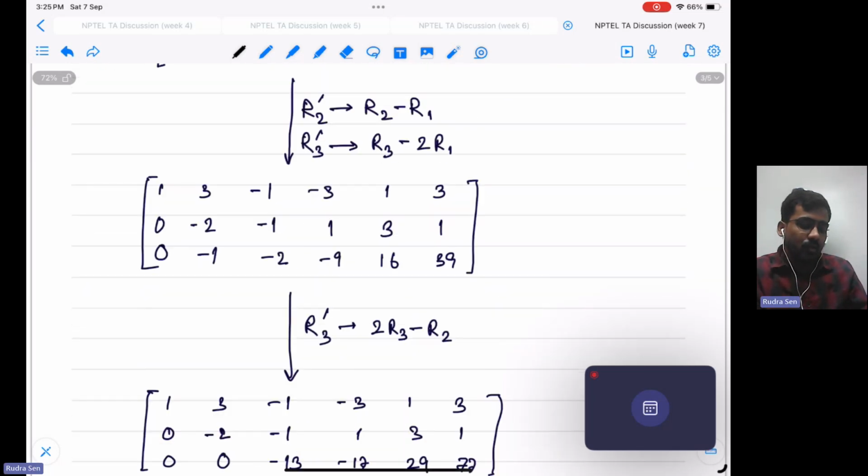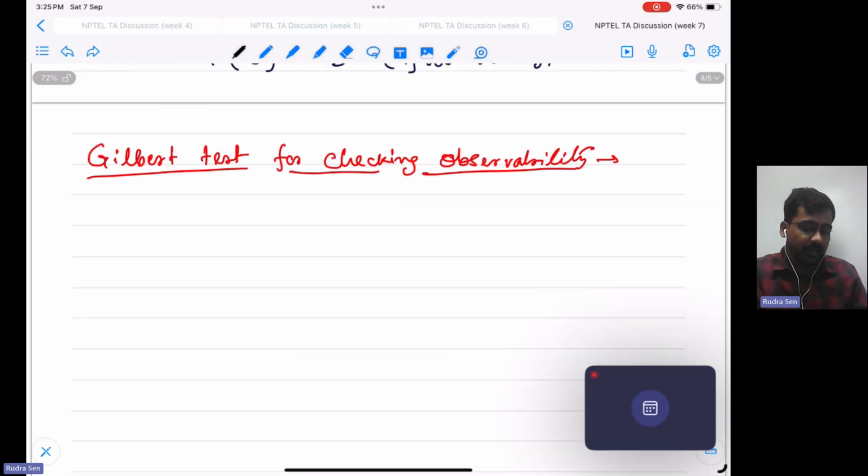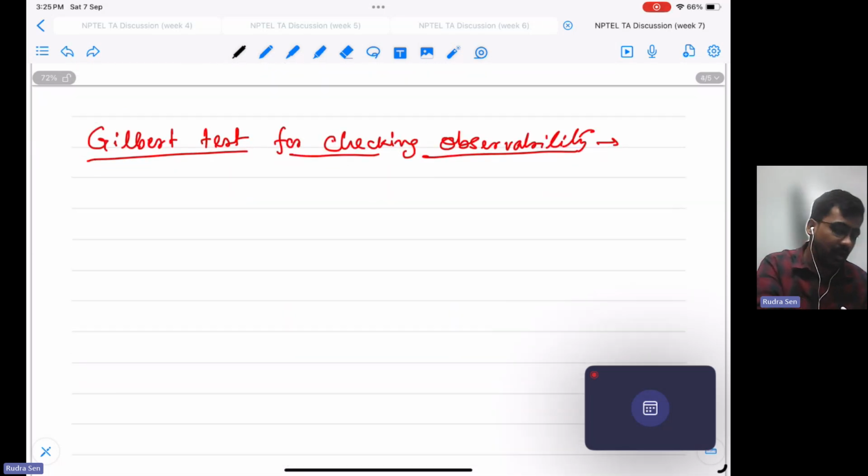So this is one test to check the observability of the system. Now the Gilbert test. In the previous class we have seen that there is a Gilbert test for checking the controllability.